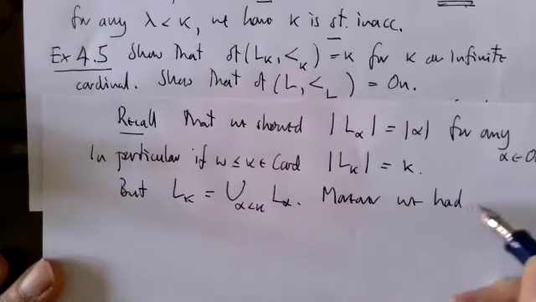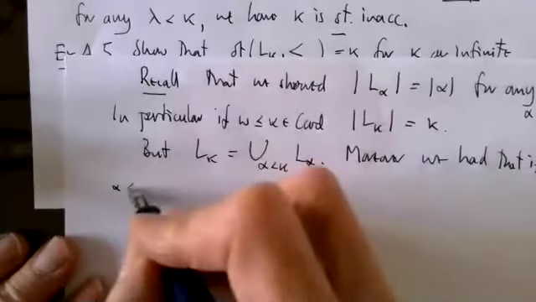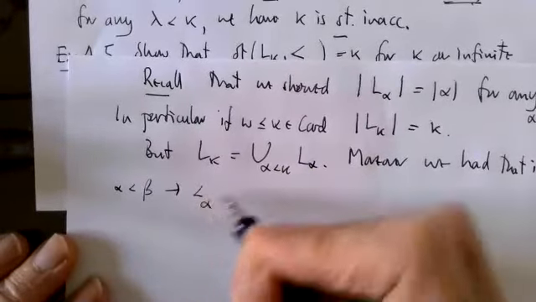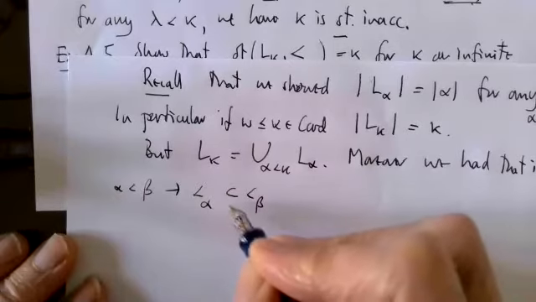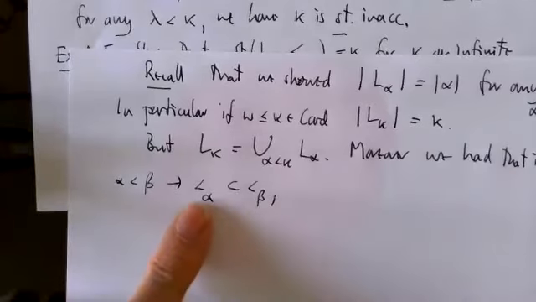Moreover, we had that if alpha was less than beta, then not only was this ordering a subordering of this one here, but this ordering was an end extension of this one.